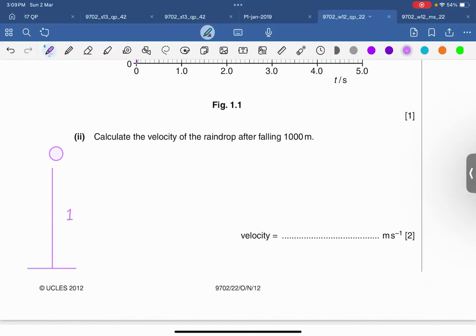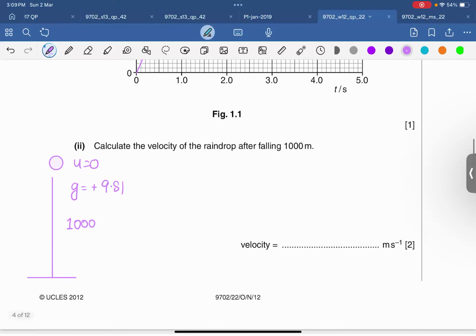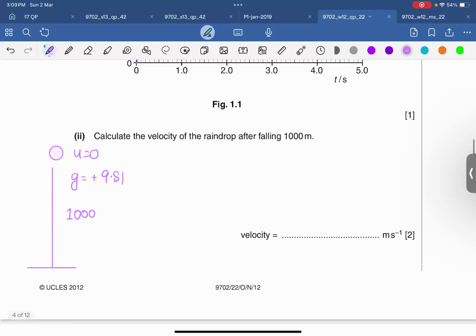They have given you the height. You know the initial velocity as 0. You also know the acceleration as 9.81. Since we don't have any air resistance, we can either use kinematics or the work-energy formula. We can do gravitational potential energy equals kinetic energy, right? So we have the two options.